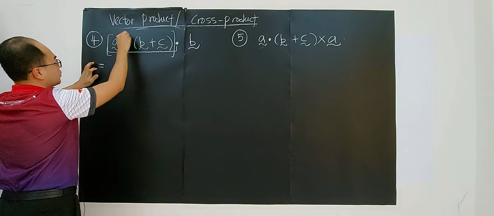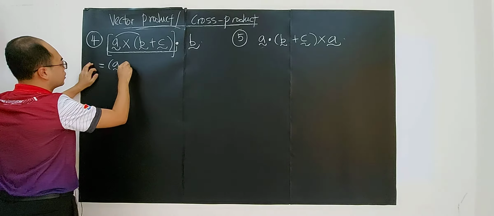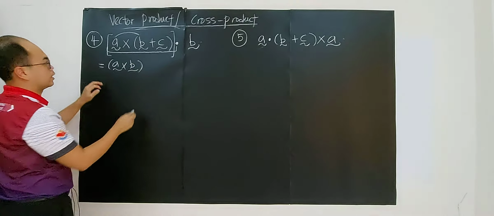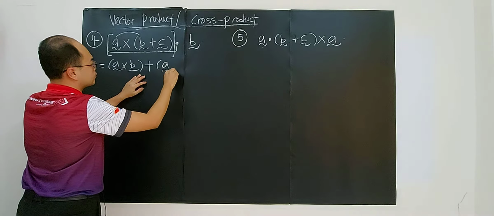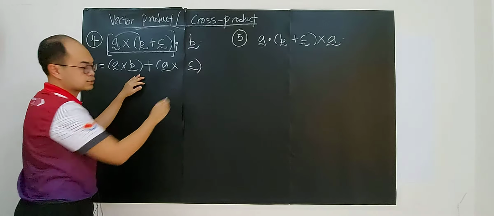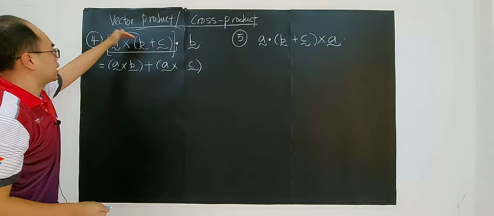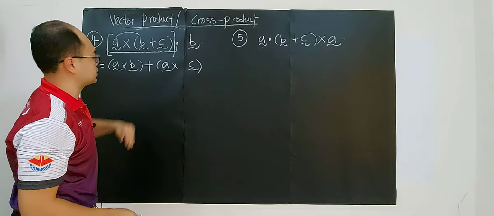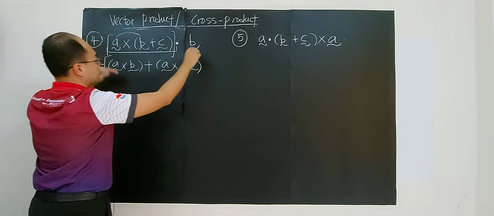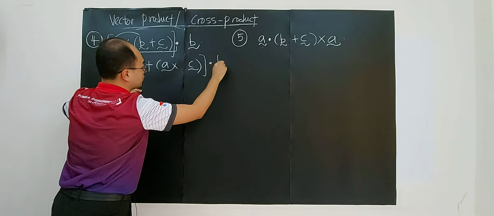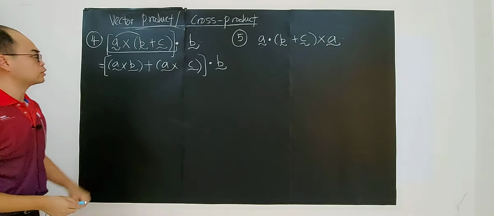A cross B plus A cross C, this is a proper way of doing cross product, based on the distributive law, right? And everything in the bracket, you're going to dot with B. And only then you start doing dot product.